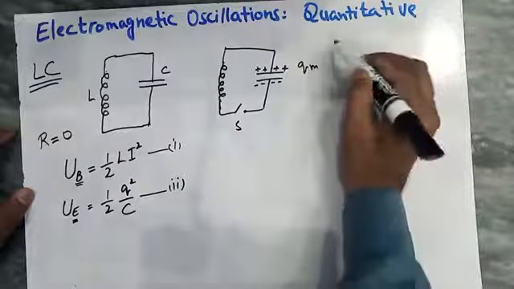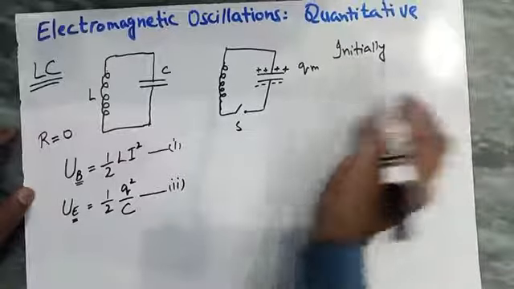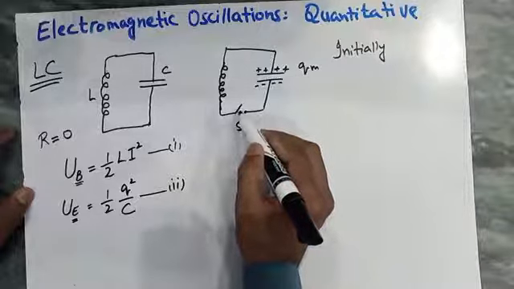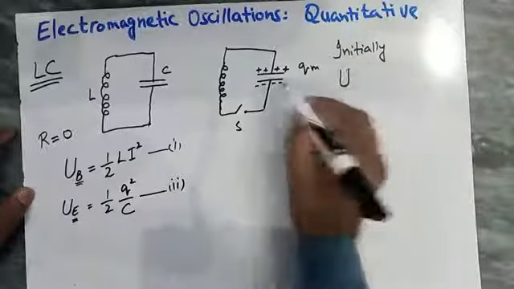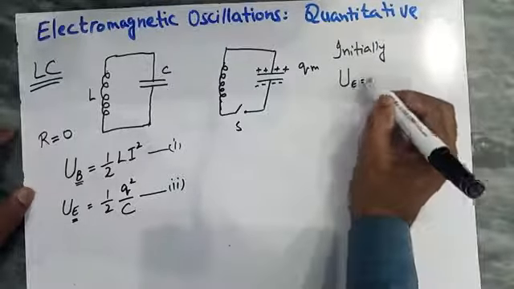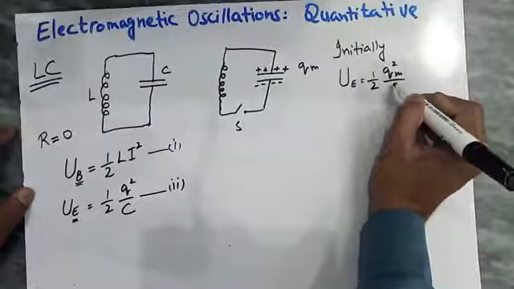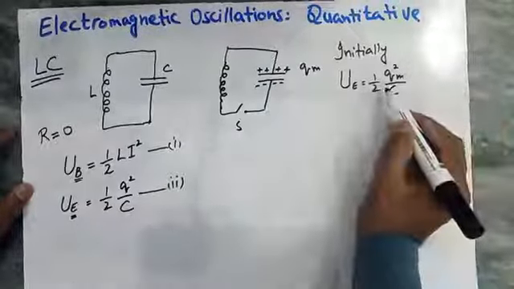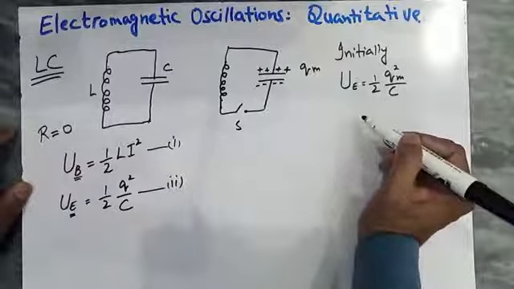So initially, when capacitor is fully charged and switch is open, we see that energy stored on the plates of capacitor is half Qm square over C. This is maximum amount of energy that is stored on plates of capacitor.